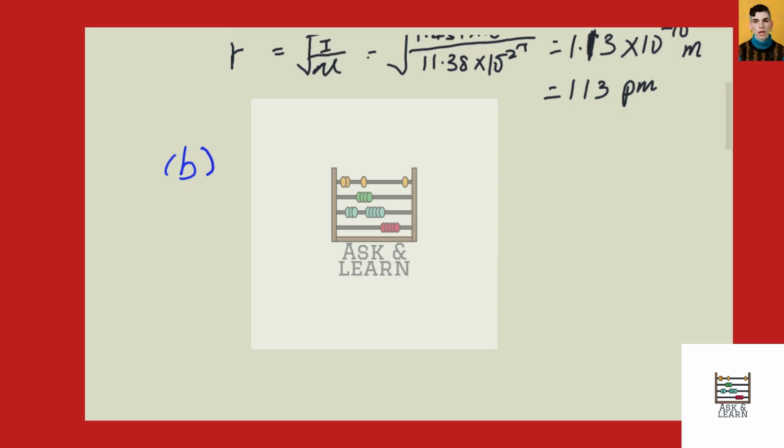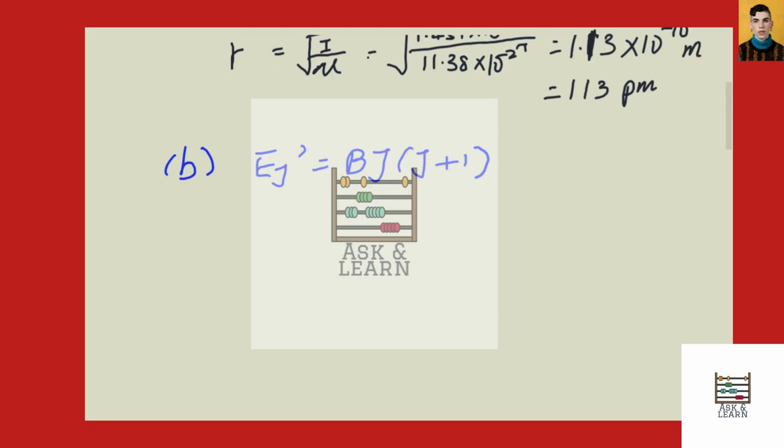The position of each rotational level equals the rotational constant times the rotational quantum number, and times the rotational quantum number plus 1. So the question asks for two lines, the first two lines.